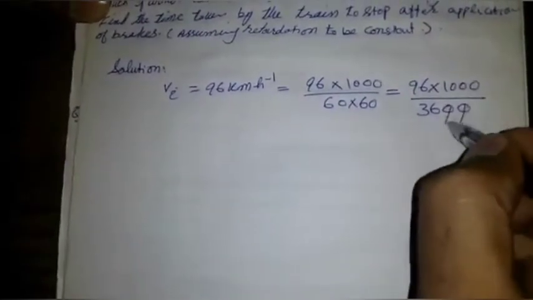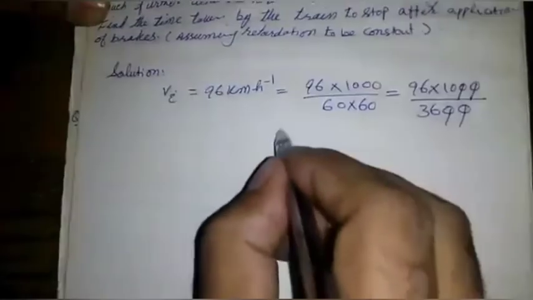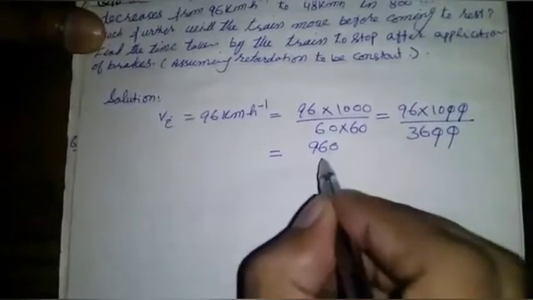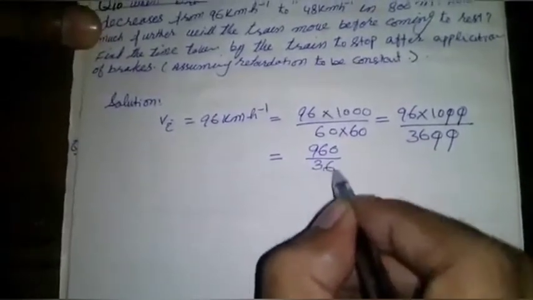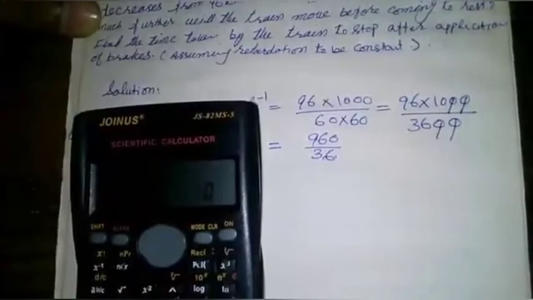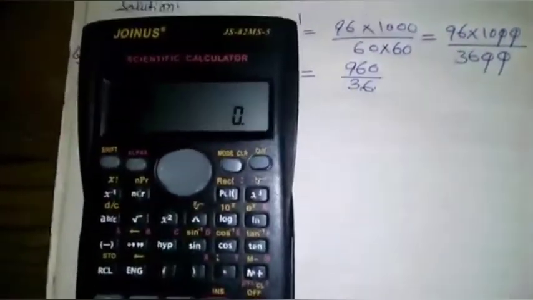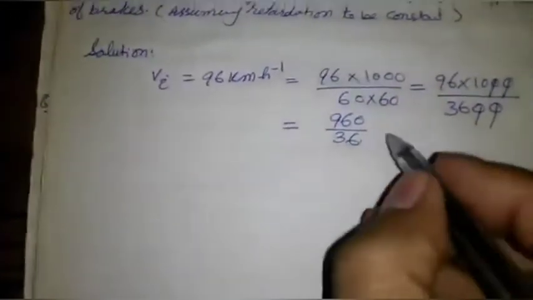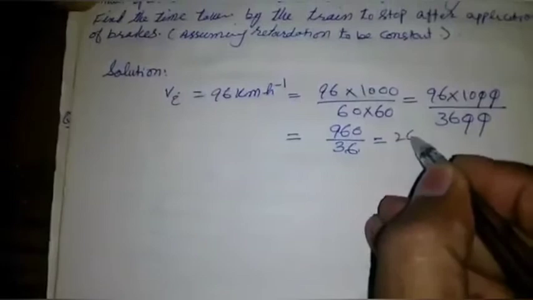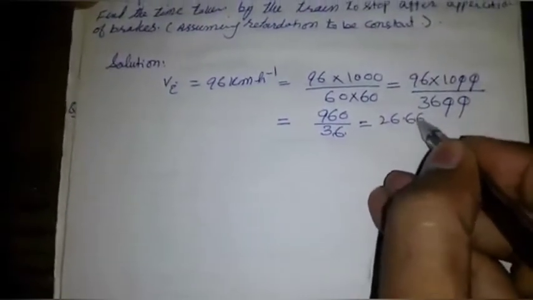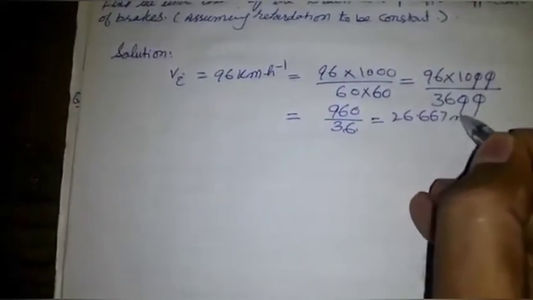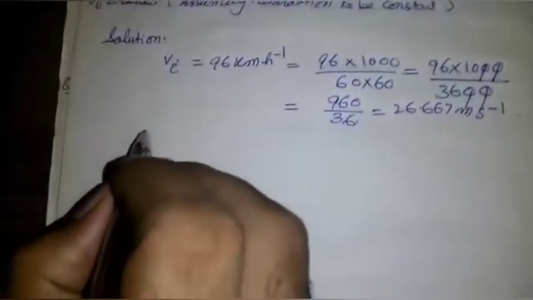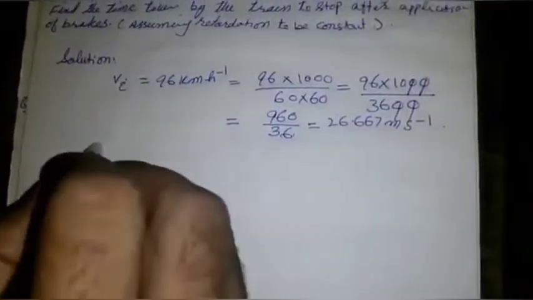On simplification, we get 960 over 36. 960 divided by 36 is equal to 26.667 meter per second.